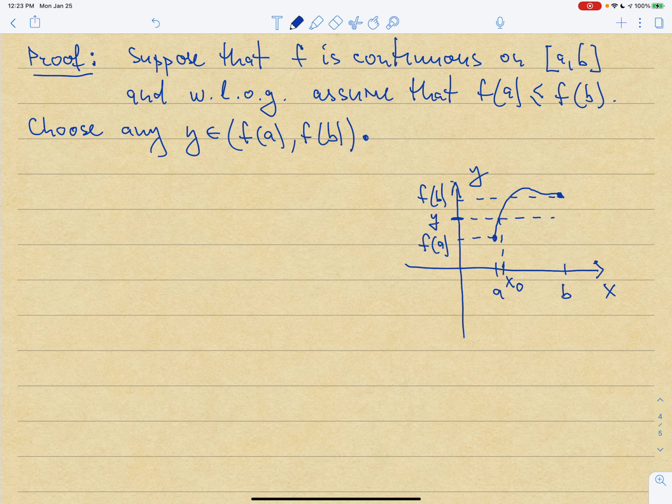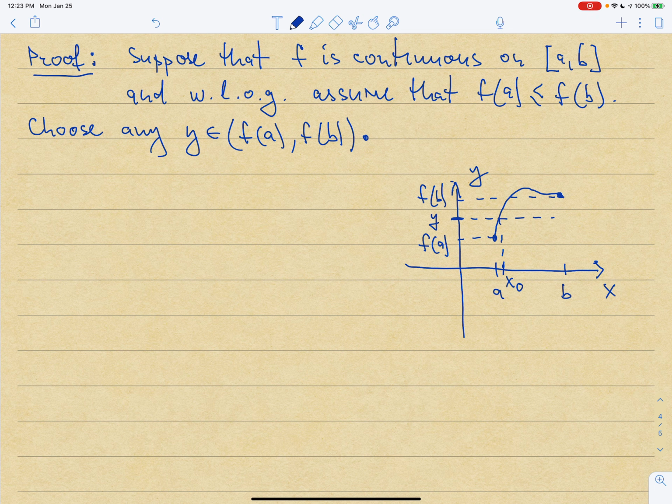So at any level between f of a and f of b, the horizontal line is always going to intersect the graph, and so at least pictorially, the theorem must hold. How can I construct this x0?